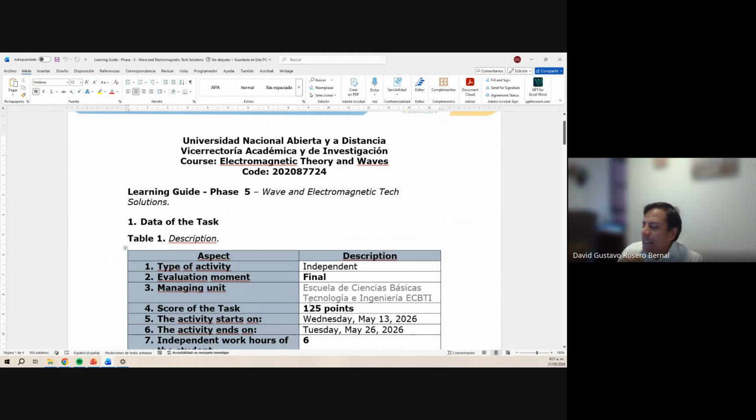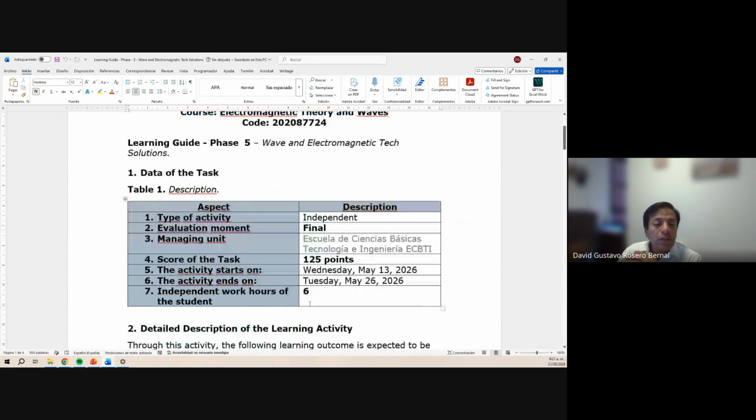This activity is worth 125 points, which is a significant portion of your final grade. It opened on Wednesday, May the 13th, and closes this Tuesday, May 26th. You have had approximately 2 weeks, and the guide estimates close to 6 hours of independent work.